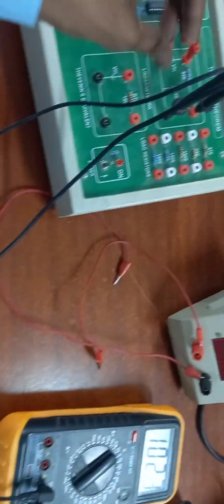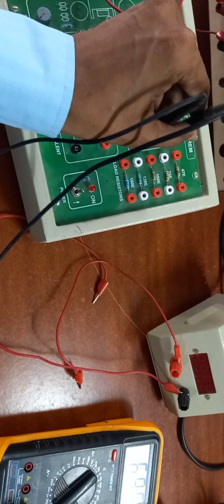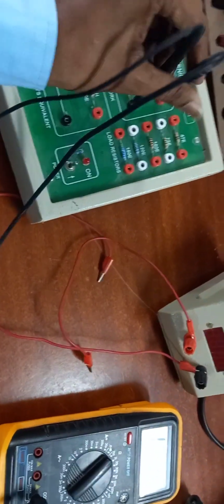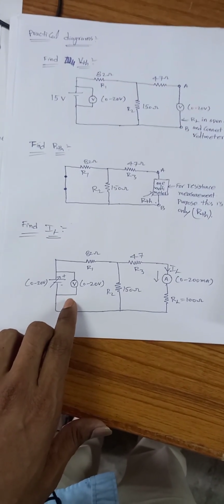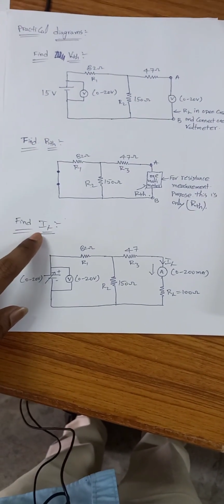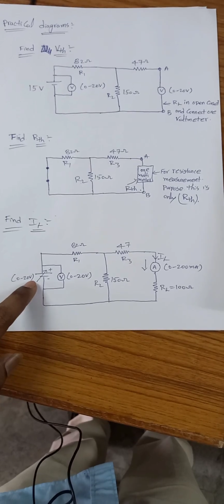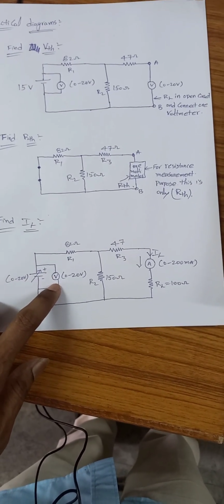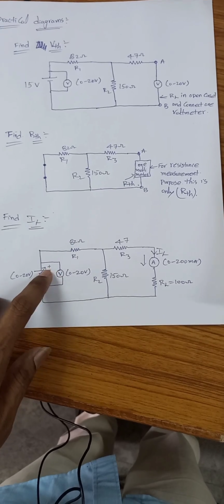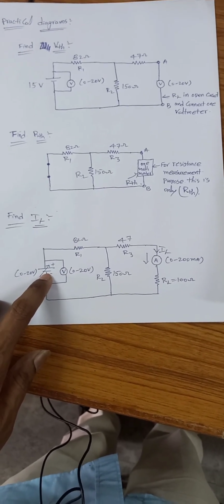According to the load current, we need to connect this circuit. And finally, the third value we need to find is the load current. For that, we are taking a 15 volts source voltage here. By using one voltmeter, we can measure how much source voltage we have taken.